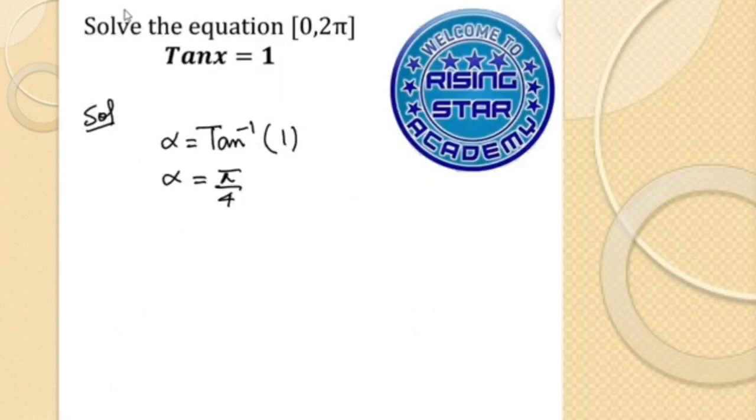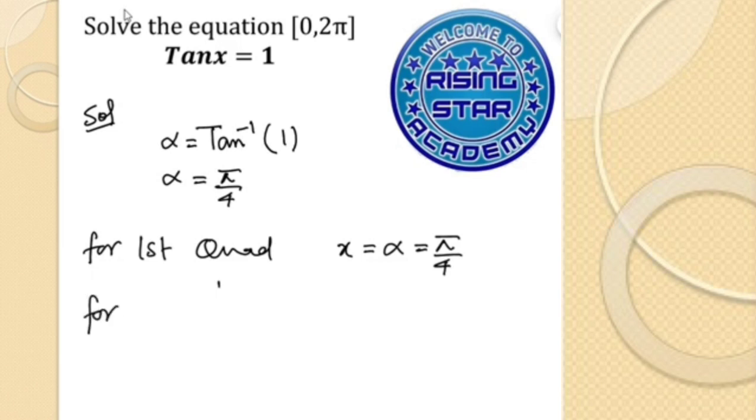So here you can see for the first quadrant x would be equal to alpha, and that is equal to pi over 4. For the third quadrant x is equal to pi plus alpha, so pi plus pi over 4.